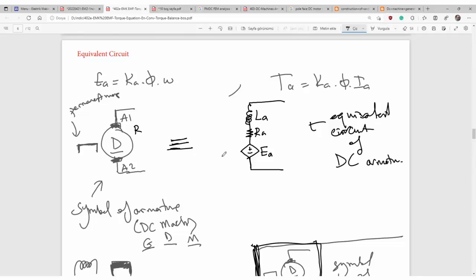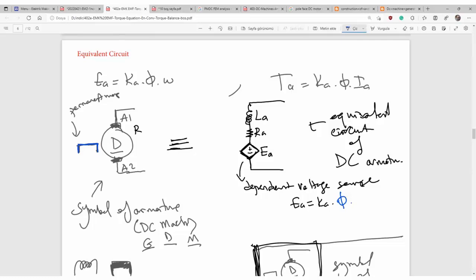Now, why did I draw this in such a manner? Because that is a dependent voltage source. The EMF depends on Ka, a coefficient, and the magnetic flux coming from the poles. Here it is fixed because of permanent magnets, but there will be current-controlled electromagnets.